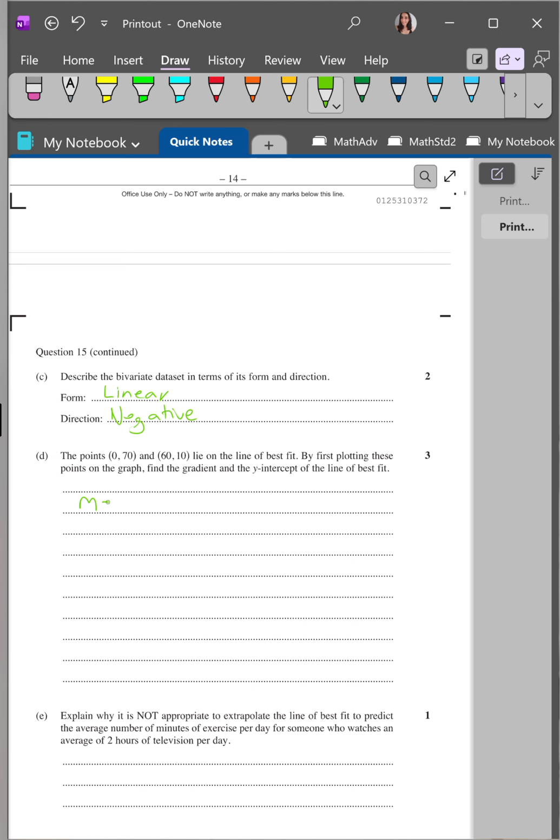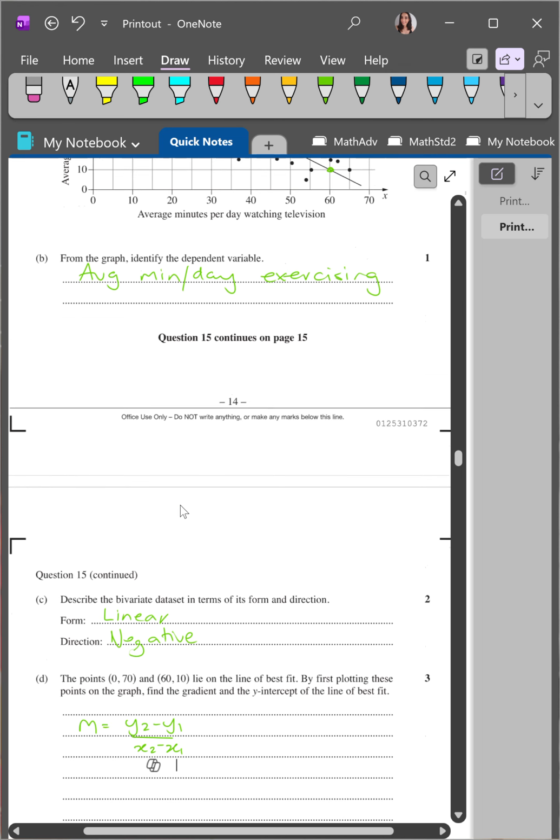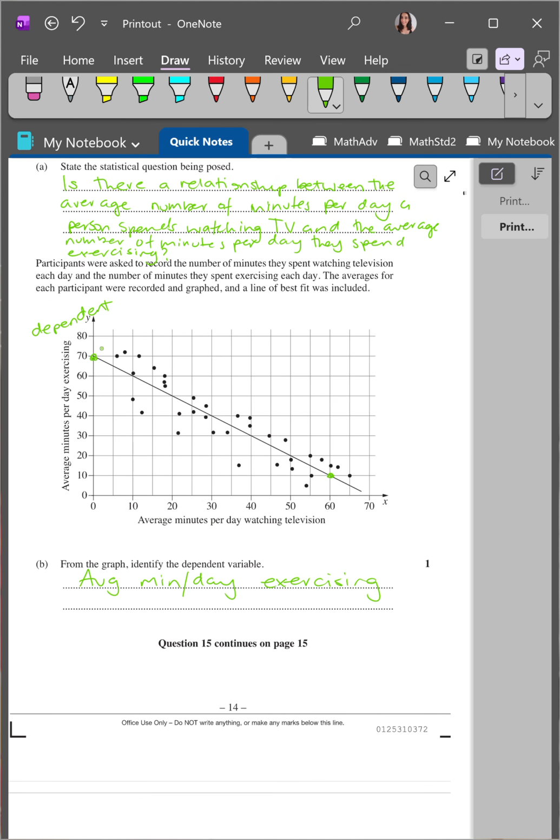Now find the gradient and the y-intercept of the line of best fit. For the gradient, that equals y2 minus y1 over x2 minus x1. Something that can be confusing is what do we label as x1, y1, and what do we label as x2, y2? So let's label these points first with their coordinates.